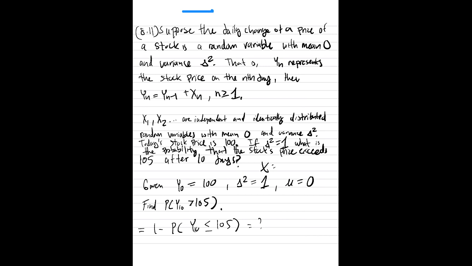Today's stock price is 100. If sigma squared equals 1, what is the probability that the stock's price exceeds 105 after 10 days?